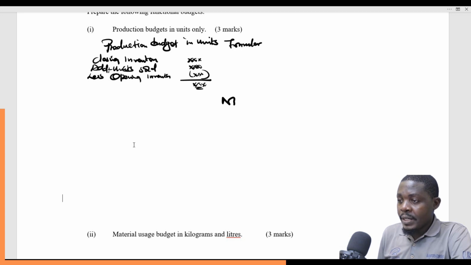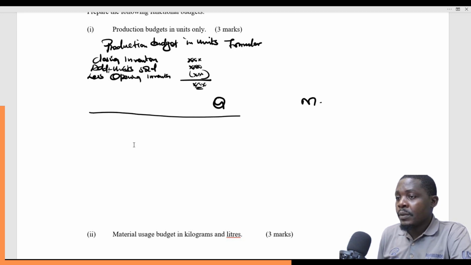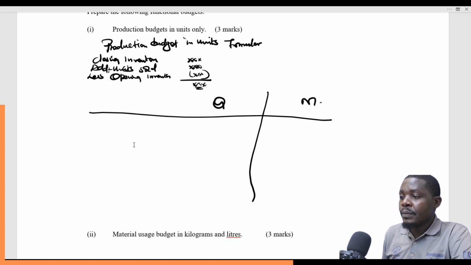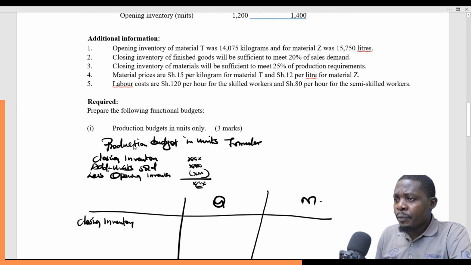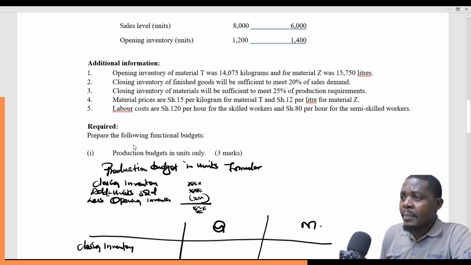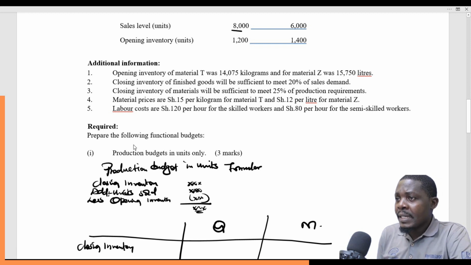We start with Q first, and then M. Now we can talk of closing inventory, addition information number 2: closing inventory of finished goods will be sufficient to meet 20% of sales demand. The sales demand is 8,000 and 6,000 respectively.